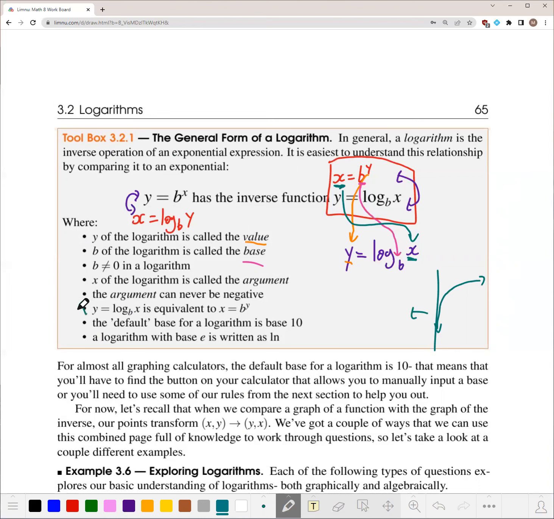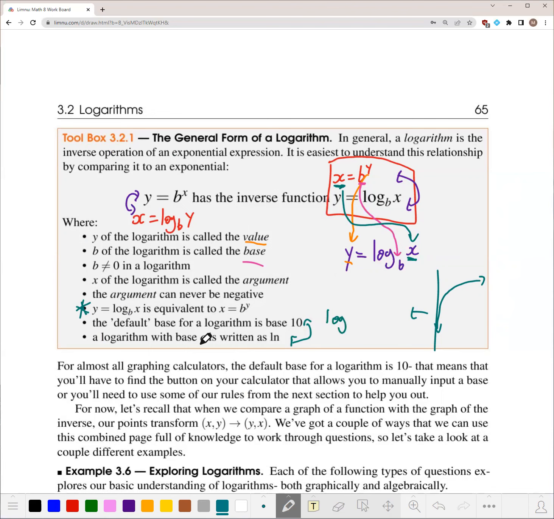Here's our key statement to remember: if we've got y equals log base b of x, it's equivalent to x equals b to the power of y. Some other important notes: logarithms have a default case. If you have a calculator where it just says log, it'll be in base 10.